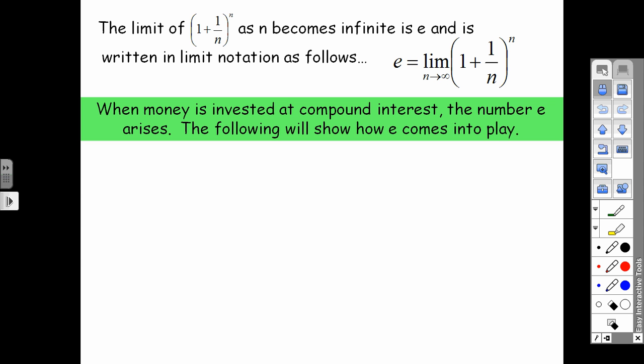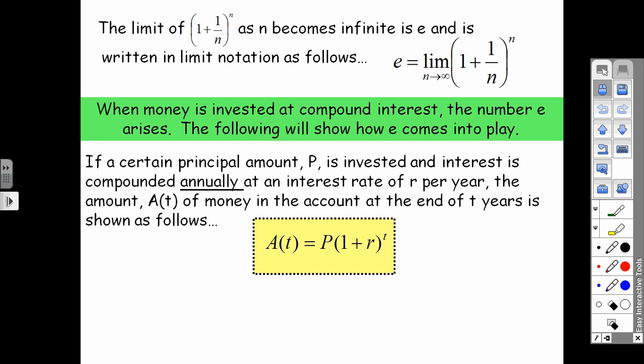Okay, so what we're going to do here is go through a formula to calculate the amount of interest that's earned on an amount of money that's invested, given a certain interest rate, compounded annually. That means that however much money you earn after a year, you get some interest on it, right?